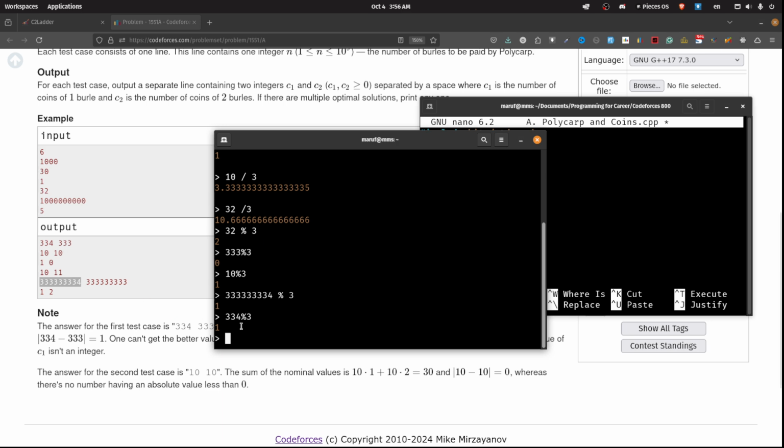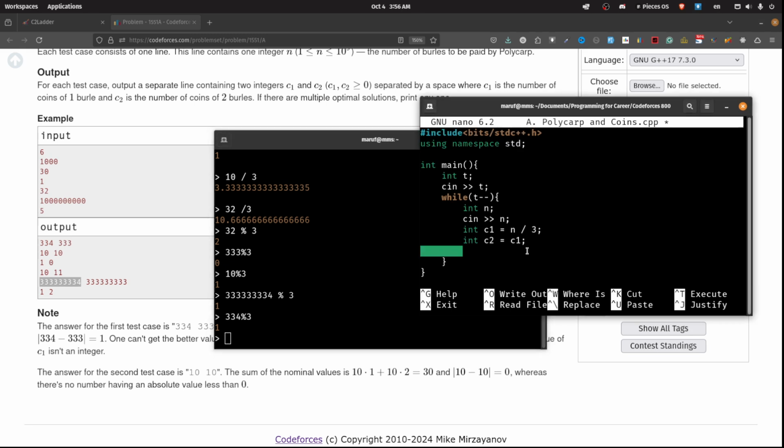Okay, let's try. What is the logic? C1 modulo 3 equals 1.